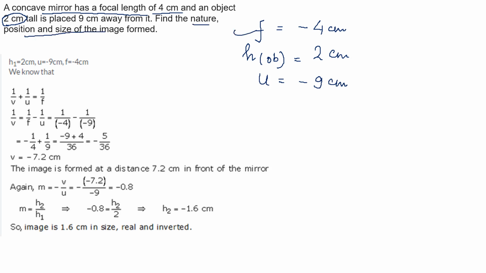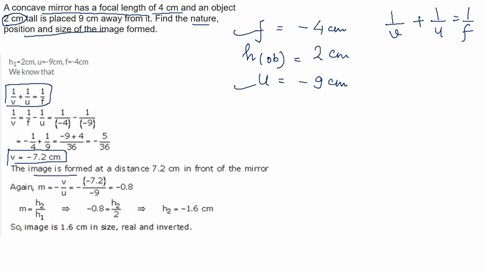So f we know, u we know, 1 by v plus 1 by u equals to 1 by f. So same formula we are using here, and on solving we get the value of v as 7.2 centimeter. Okay, so v is 7.2 centimeter, but v has a negative sign.